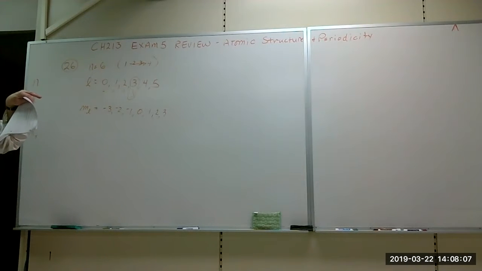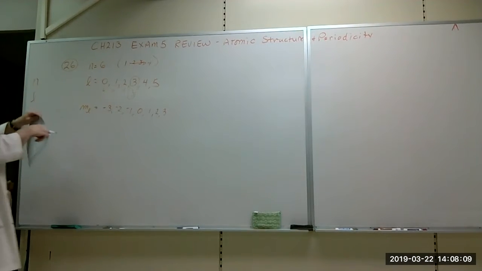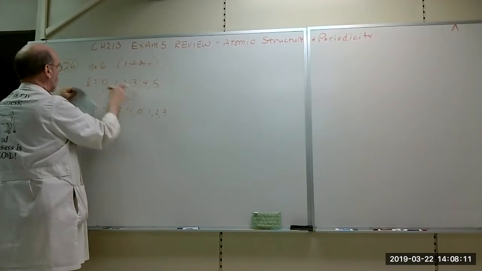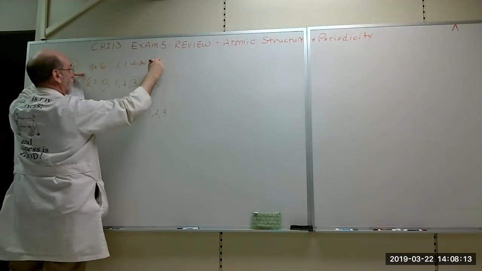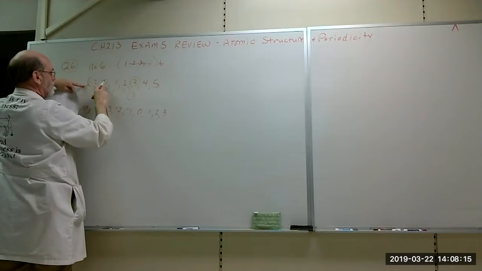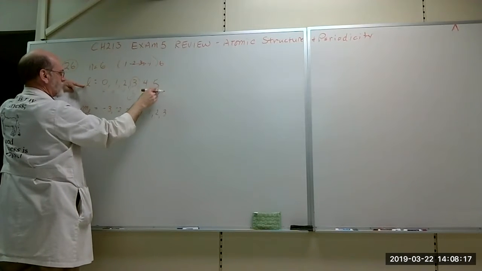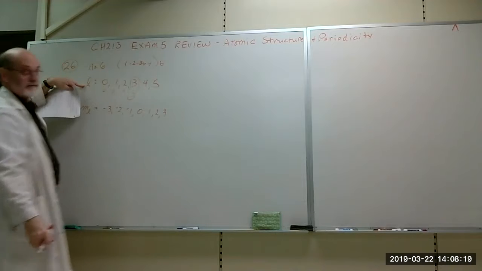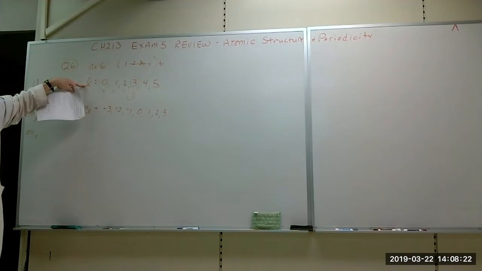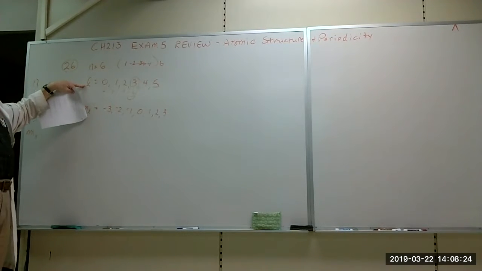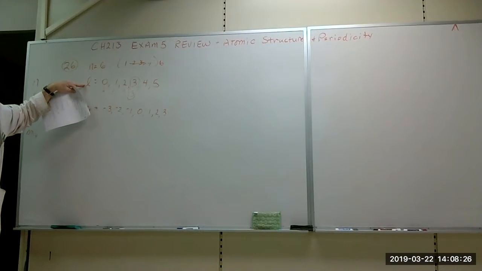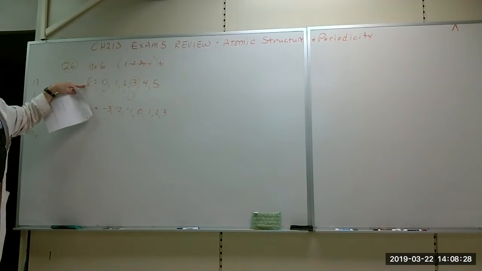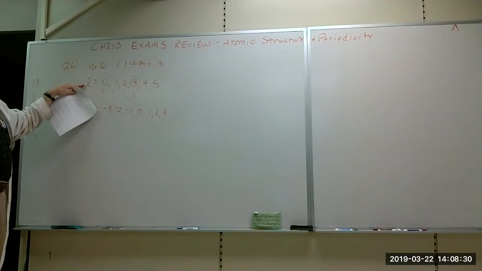For 6, you can have 0, 1, 2, 3, 4, 5, because that's 6 levels. That's where electrons can occupy space around the atom. We're subdividing energy levels.